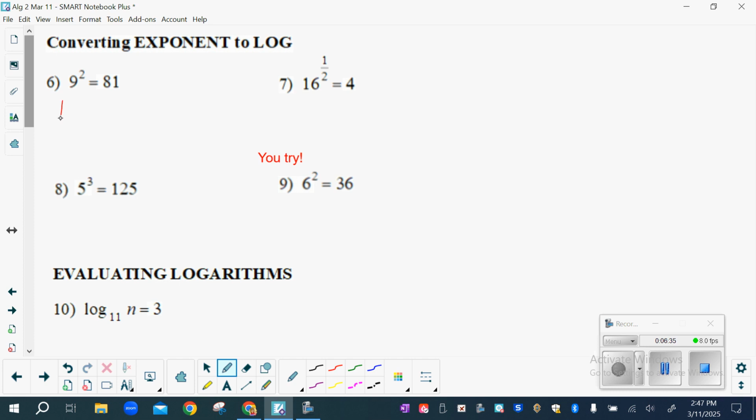The log, what's my base here in this equation? 9. So that's going to be the base of my log, log base 9. Remember, your exponent is always the answer of the log. So the 2 goes over here, and the 81 goes here. So it's always just switching these two when you change it to log form.